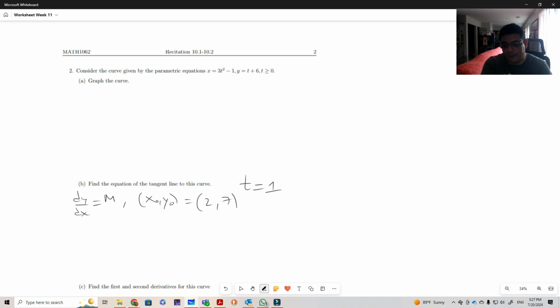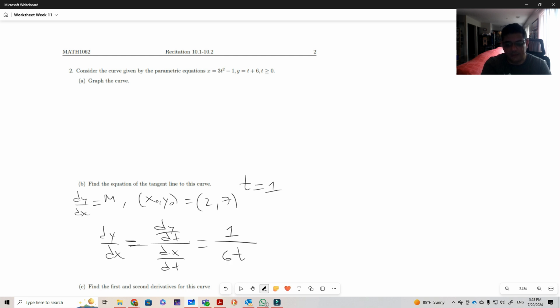Now I need to find the slope. The dy/dx is just going to be the ratio of dy/dt to dx/dt. So I just need to take the ratio between the derivatives of each of the functions. The dy/dt is just going to be 1, the derivative of t plus 6. And the dx/dt is going to be 6t.